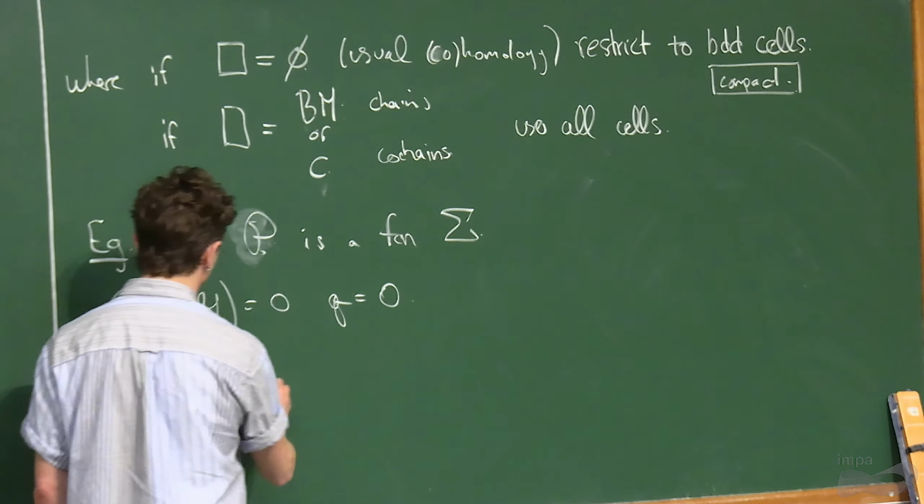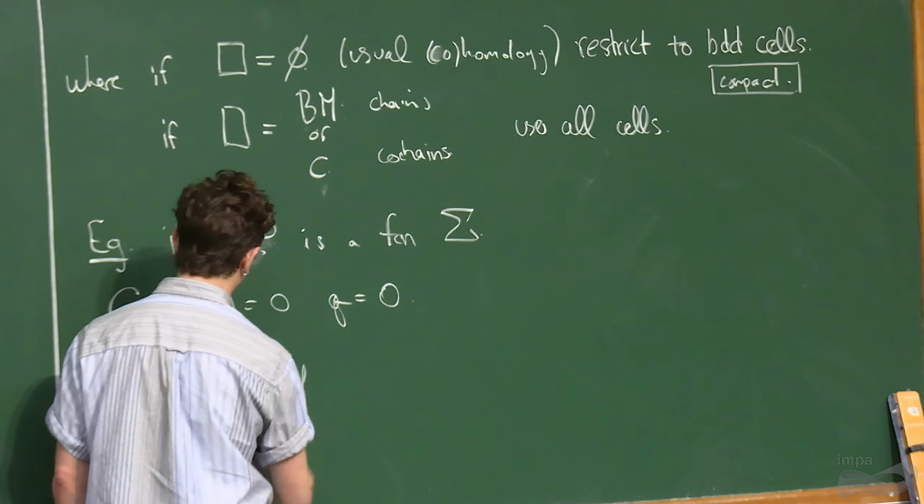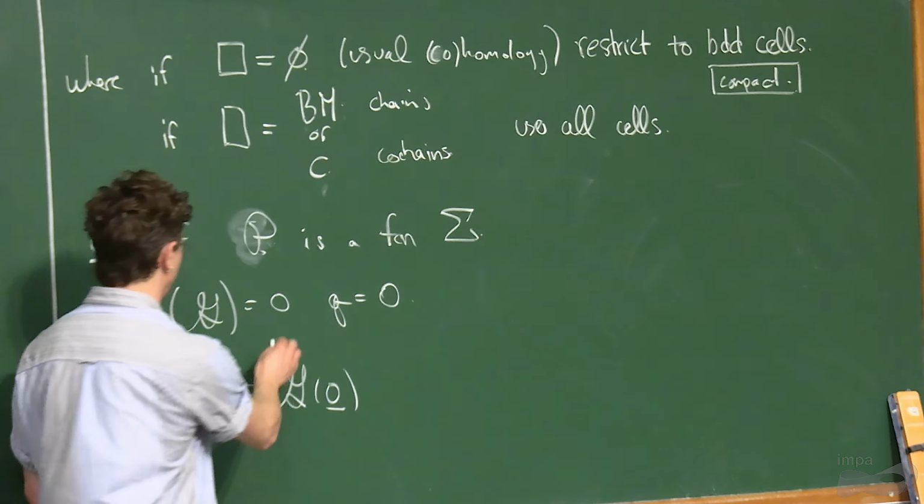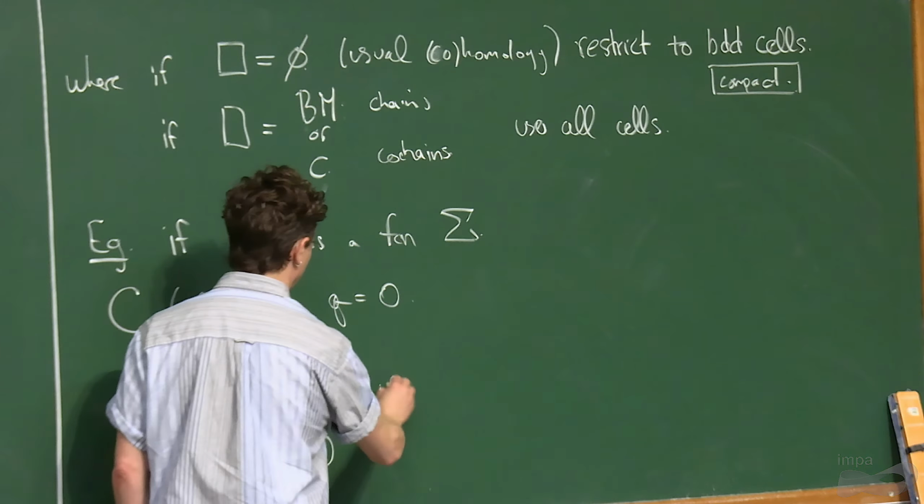The cellular homology will just be, for q equals 0, the sections at the origin, so this thing, and otherwise it's 0.